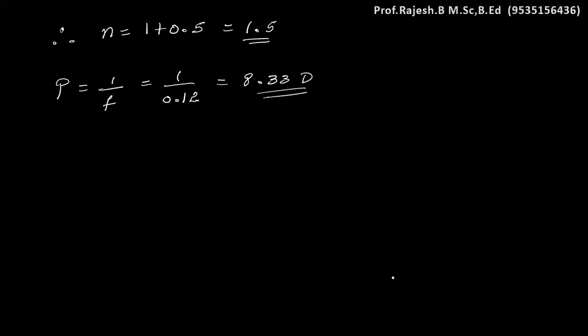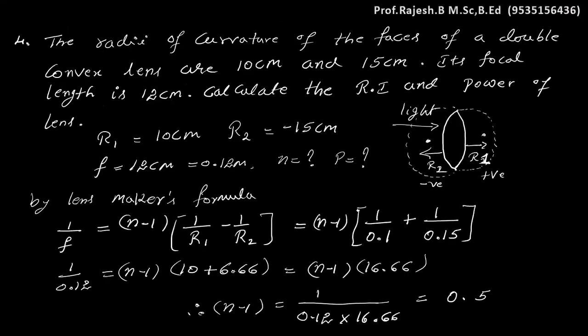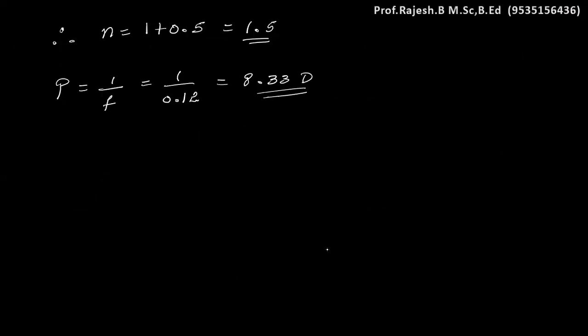Please copy. Look at the problem once again. Two radii of curvature are given, and we have to find the refractive index of the material. Use the lens maker's formula, find out the n value, and then find the power. Power is the reciprocal of the focal length.